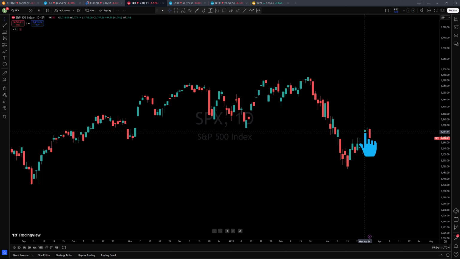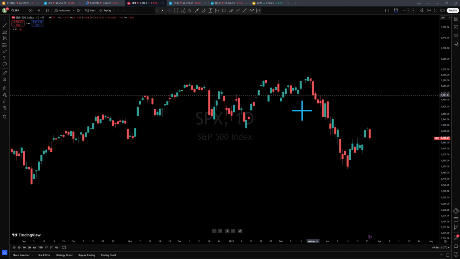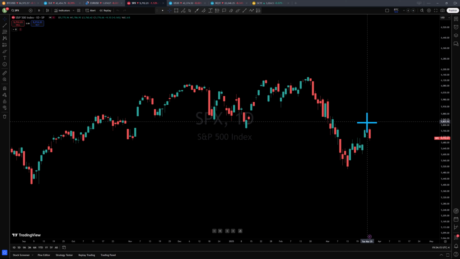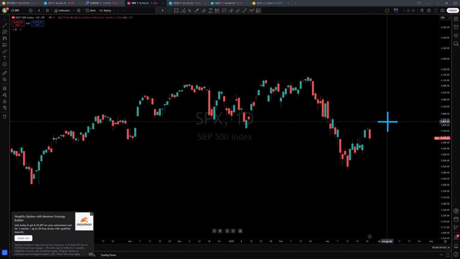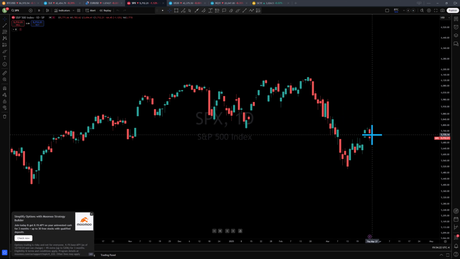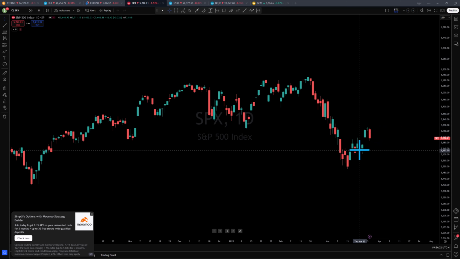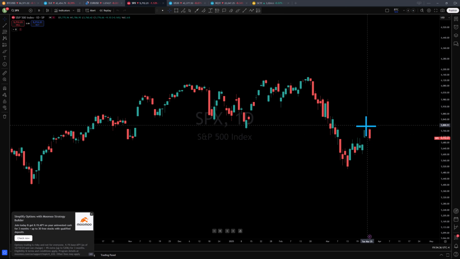Why do I show it to you? So you can get the bigger picture. Usually when New York ends up red, then the Asia session goes in the opposite direction. And the opposite: if the market, like SPX or S&P 500 index, 1-day candle ends up green at the end of New York, then the Asian market goes in the opposite direction.